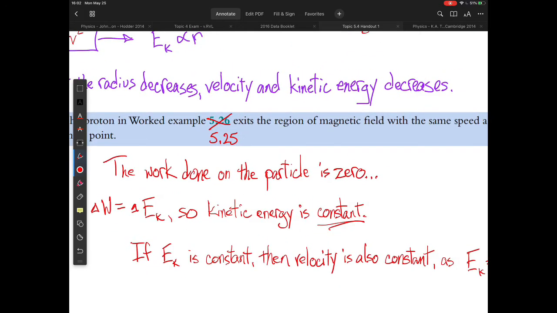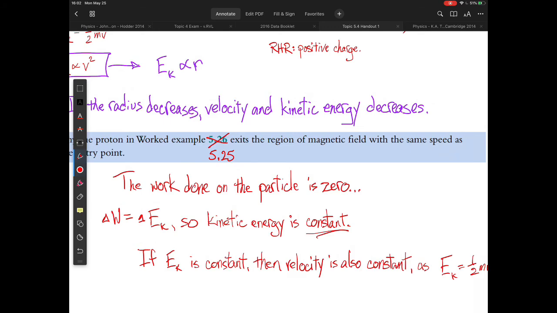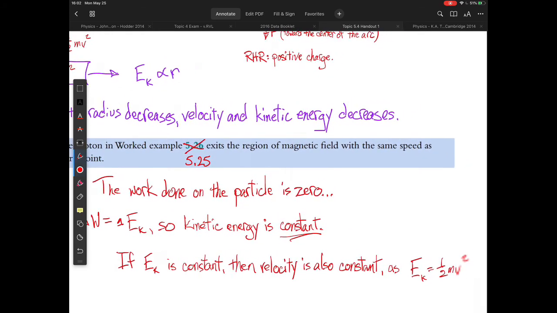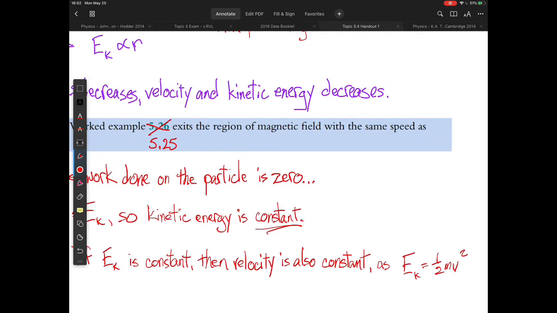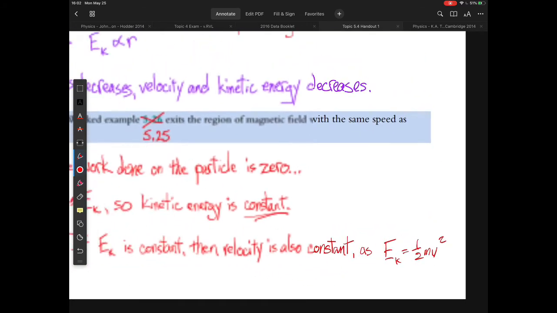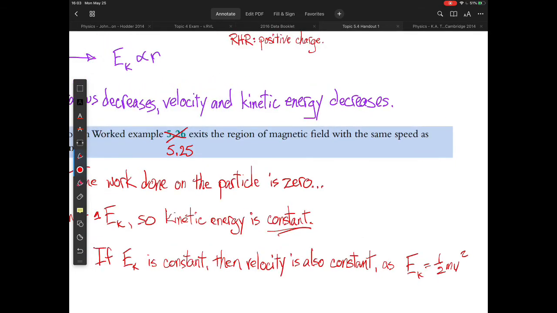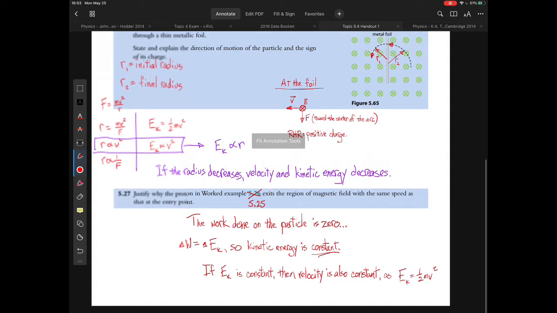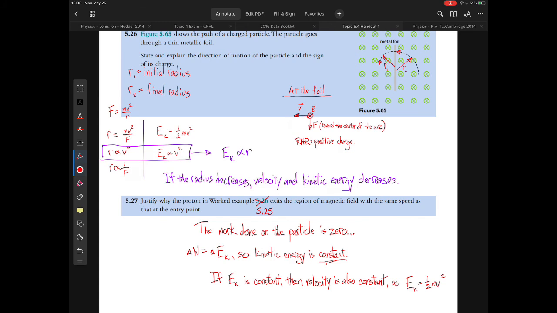So if our change in work is 0, then our change in kinetic energy is 0, and kinetic energy is constant. And if kinetic energy is constant, then our velocity must also be constant, because mass here is not going to change at non-relativistic speeds.